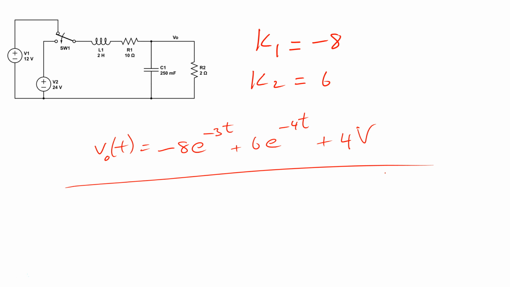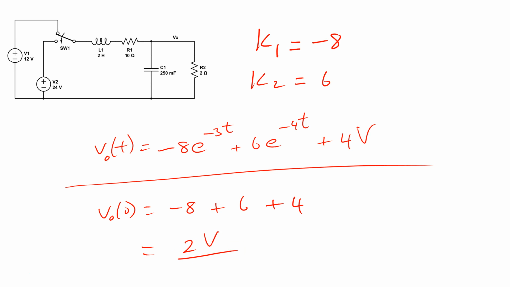And for the initial voltage, we were supposed to get 2 volts, because then it would be holding the same voltage that was there when the 12 volt was just switched. So at t is equal to 0, V0 at 0, we should have minus 8 plus 6 plus 4, which is equal to 2 volts.